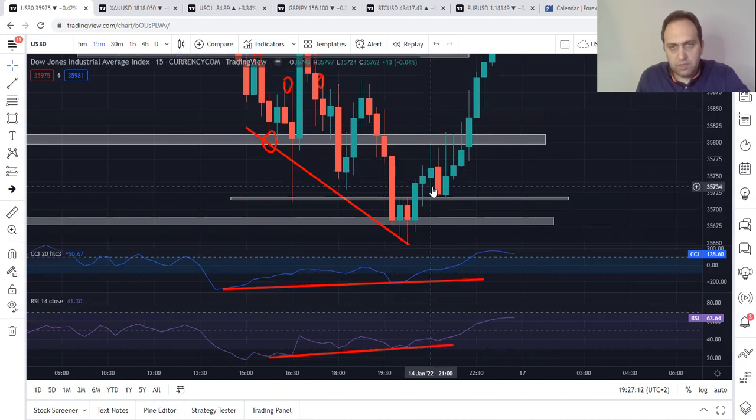Here the same happened, but we reached before 35,795. Look what a move, almost like 70 pips, and then it moved down again, and then broke this resistance again, up. Here you can see low, higher low, higher low, almost the same.